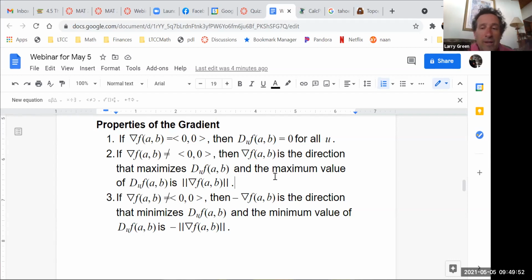Then what you're going to want to do with AI is see how you get to that optimal point. And the way you get to the optimal point is called gradient descent or gradient ascent.